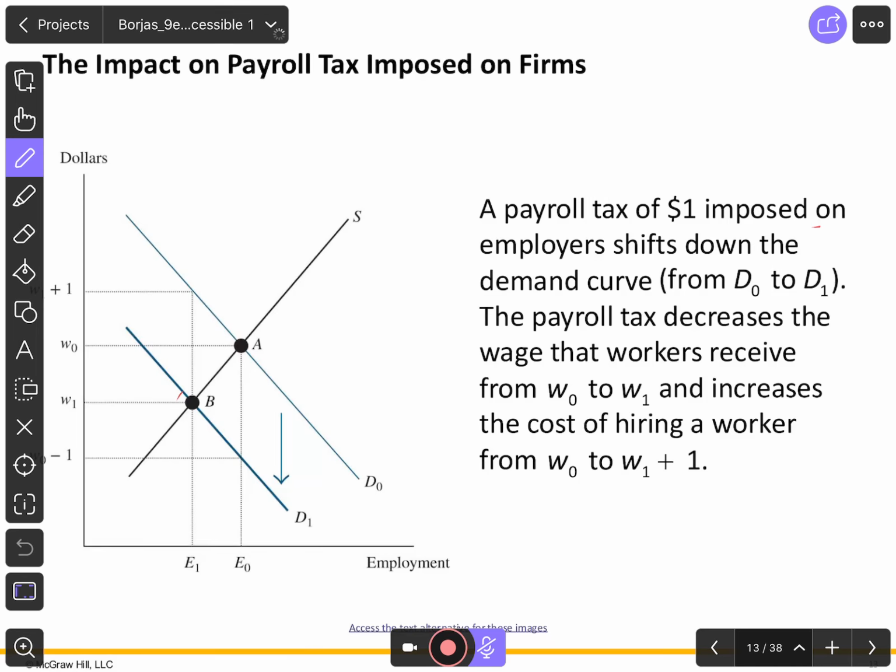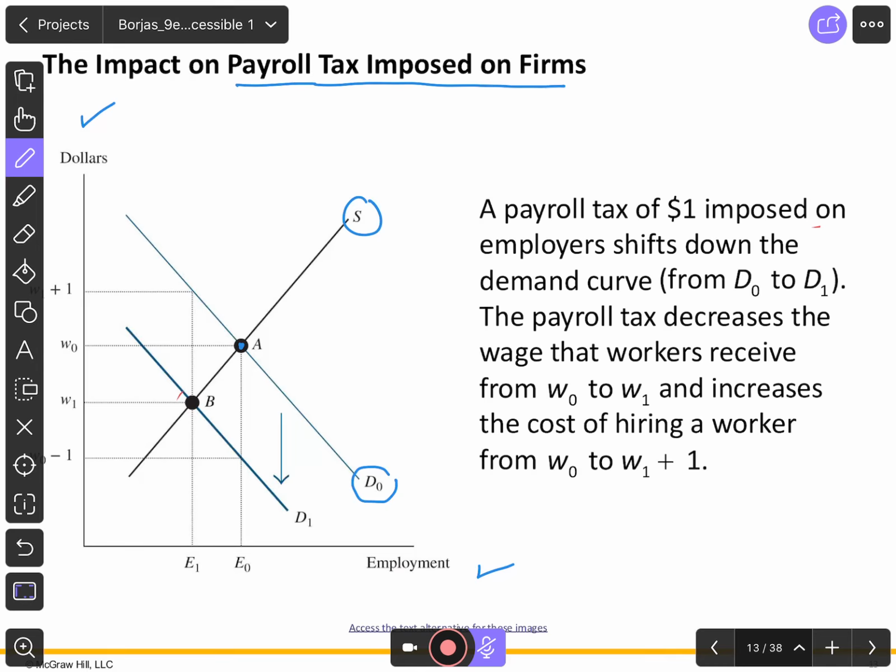Okay, so let's take the first case, which is a payroll tax imposed on firms. The government is asking firms to pay taxes for each additional person employed. Looking at this graph, we have an initial equilibrium at point A, where we have an intersection between the demand for workers and the supply of workers. This is the dollar amount for the wage to be paid, and this is the amount of people working, or employed.